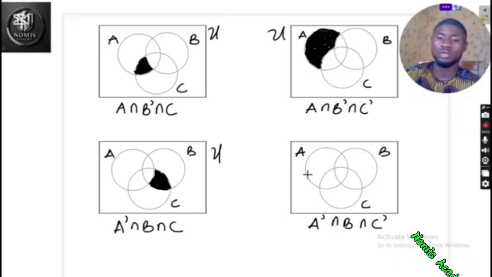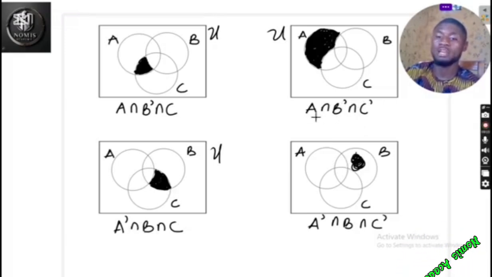What we are just doing is finding out where to shade. A complement means that A is totally excluded, and C complement means C is totally excluded. So it has to be B. Just like when we have A intersect B complement intersect C complement, those that are complements will not be part of what will be shaded.